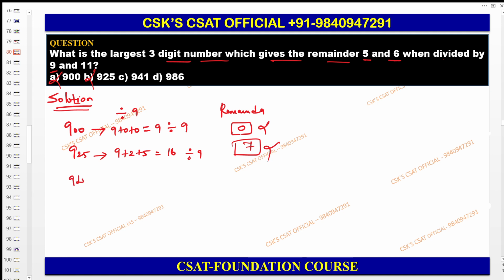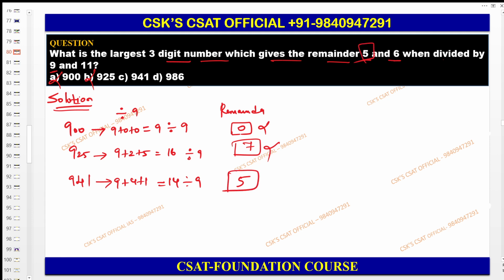Now 9 4 1. Let's check here, which is nothing but 14. When 14 is divided by 9, what is the remainder here? The remainder is 5. Obviously correct.